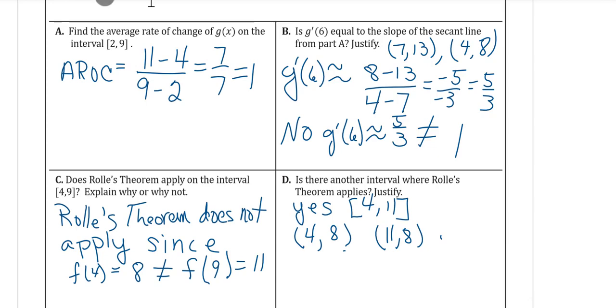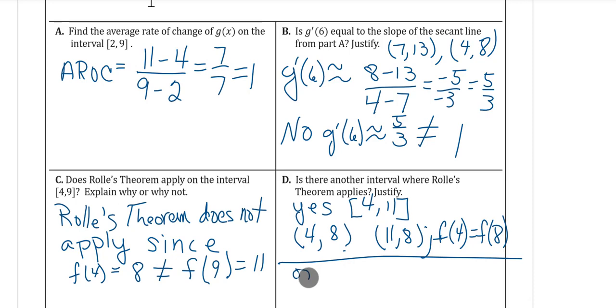So you can say here that f of 4 equals f of 11. And then we have another situation on the interval 11 to 15. We have f of 11 is equal to f of 15. And both of those are equal to 8.